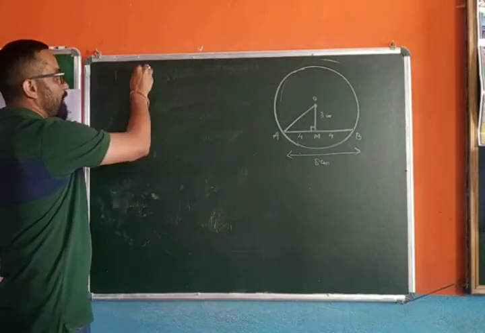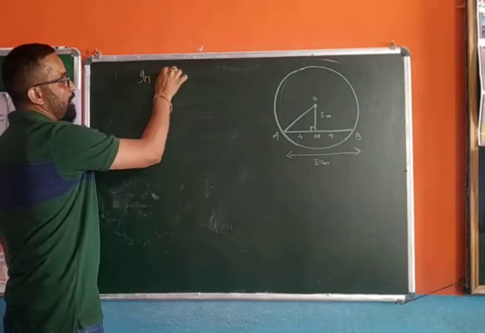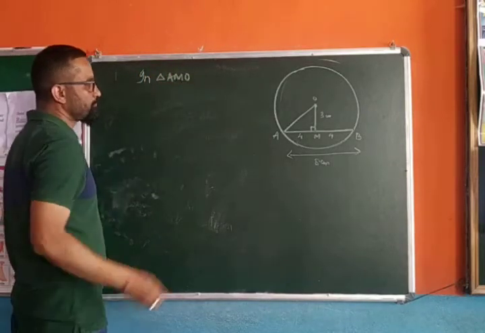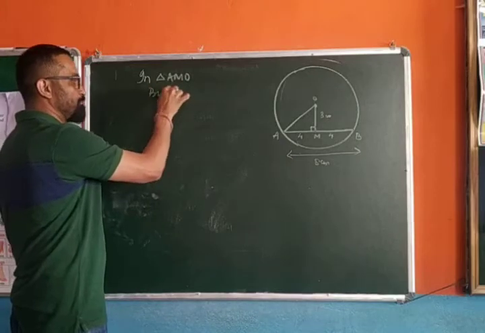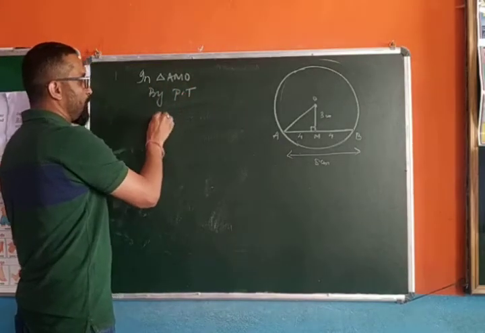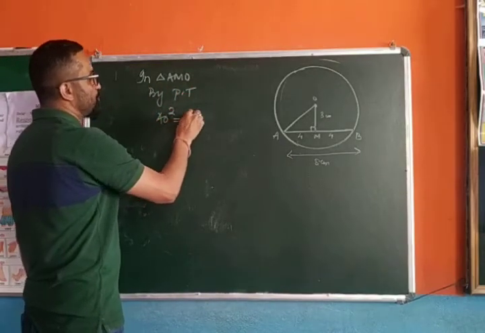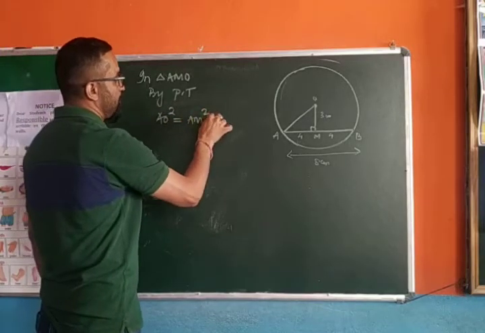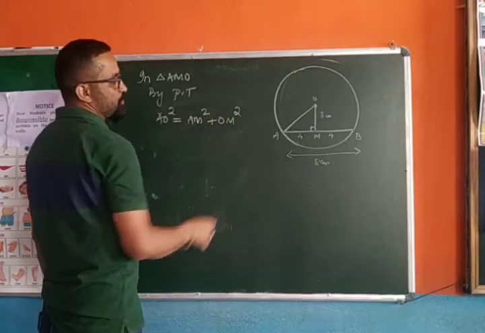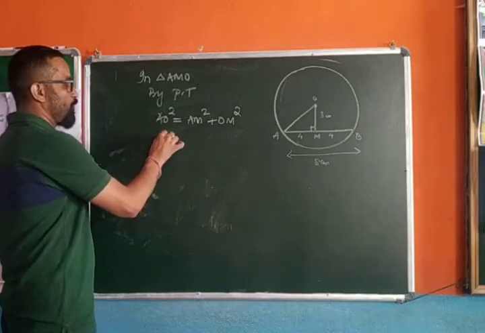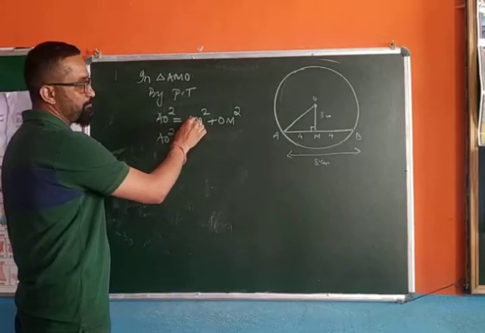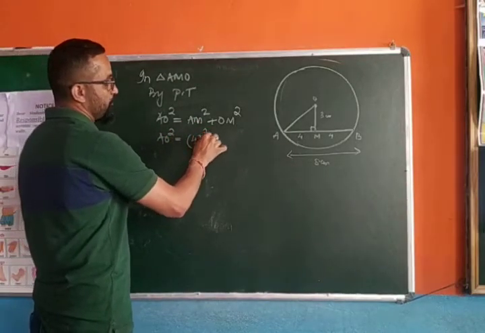We use triangle now. In triangle AMO, by Pythagoras theorem, AO square is equal to AM squared plus OM squared. Substitute. AO squared is not known. AM is 4 squared, 3 squared.